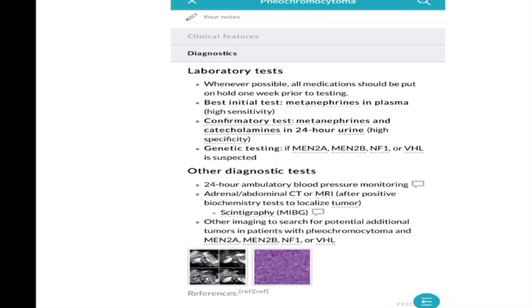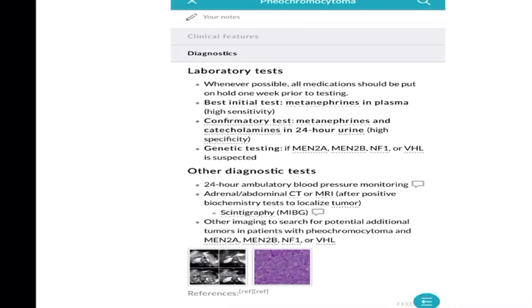Then adrenal abdominal CT scan and MRI after positive biochemistry. Positive biochemistry means we found norepinephrine and epinephrine in the urine. After that we do the CT scan and MRI to localize the tumor.